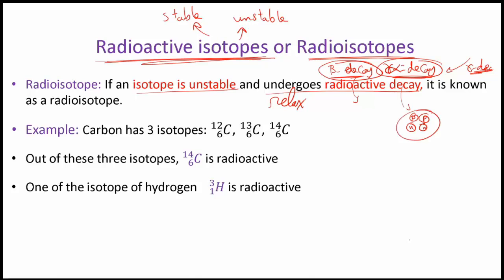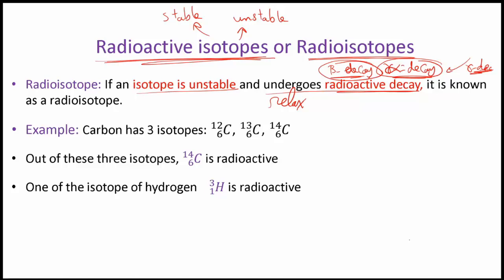This is the one that Rutherford used in his gold foil experiment. You remember the gold foil experiment we discussed in the last lecture? He used a radioactive isotope which produces alpha particles. So it's called an unstable isotope, and it undergoes a radioactive decay.